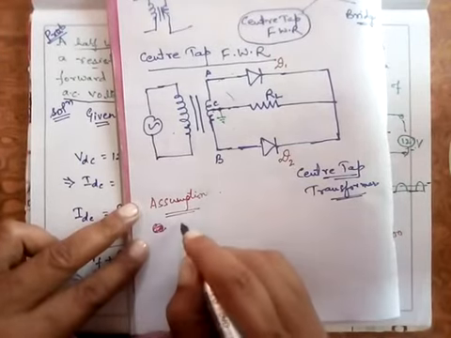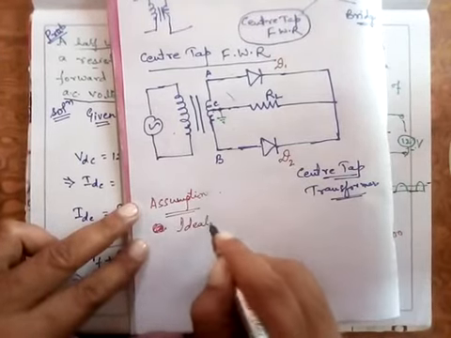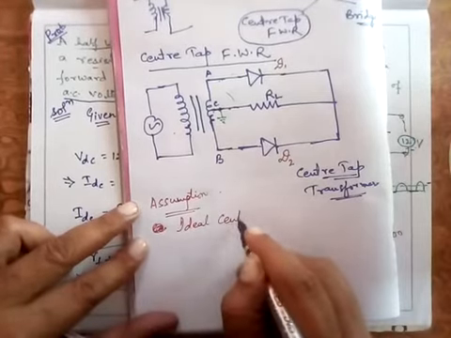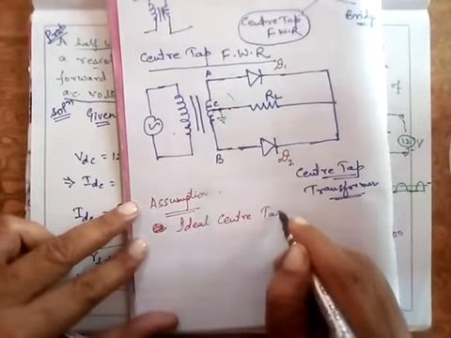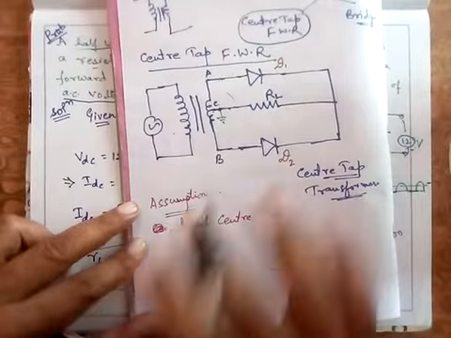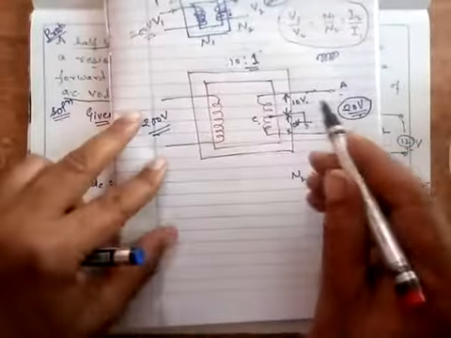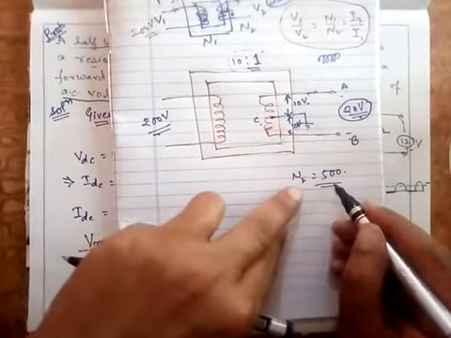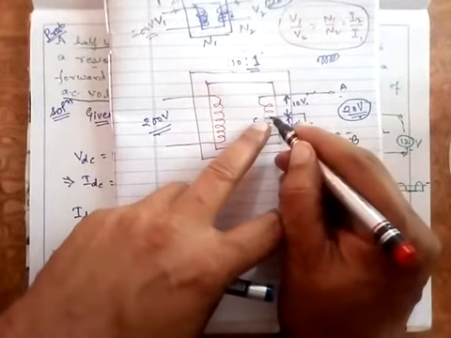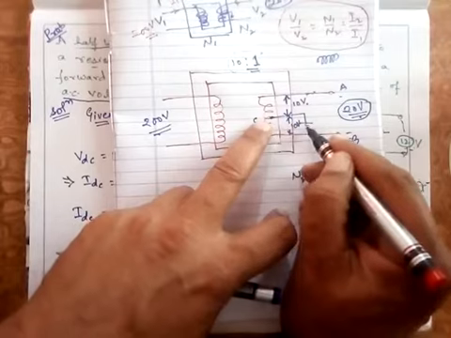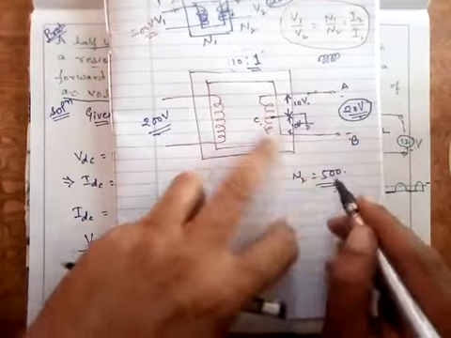We assume an ideal center tap. What does it mean, ideal center tap? As I said in this example, suppose there are 500 turns and you simply tap it at its center at 250.